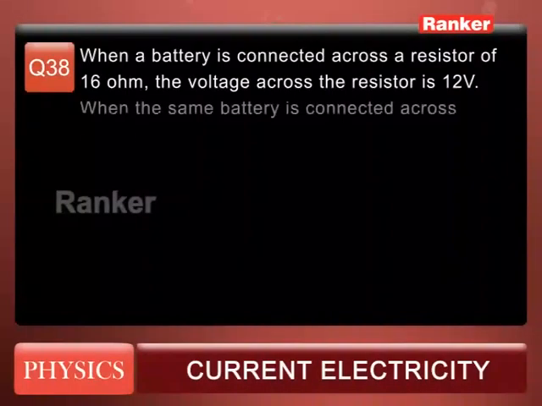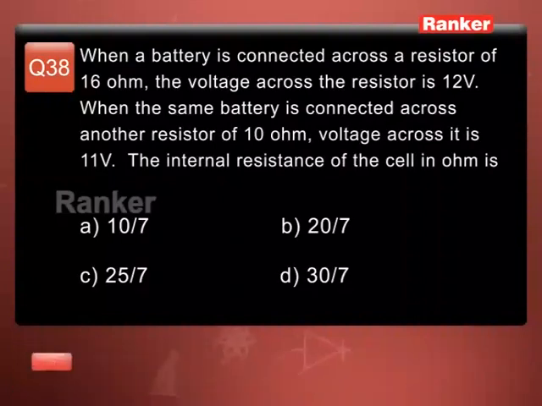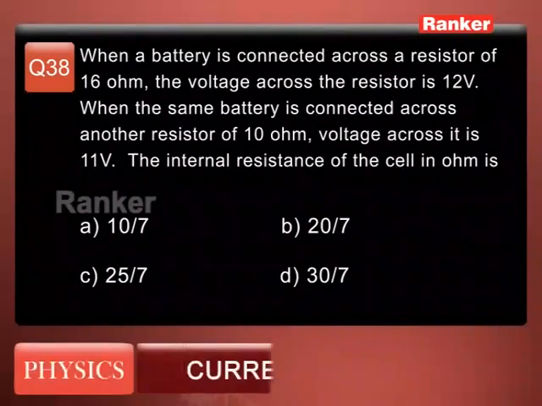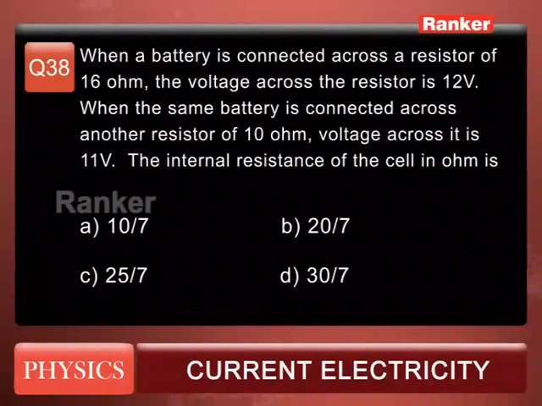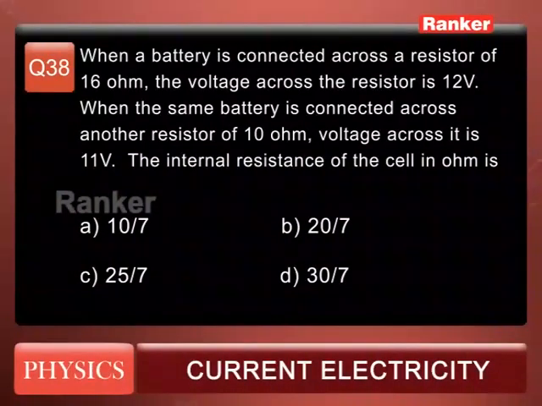Problem number 38 I am talking about. When a battery is connected across a resistor of 16 ohm, the voltage across the resistor is 12 volt. When the same battery is connected across another resistor of 10 ohm, voltage across it is 11 volt.